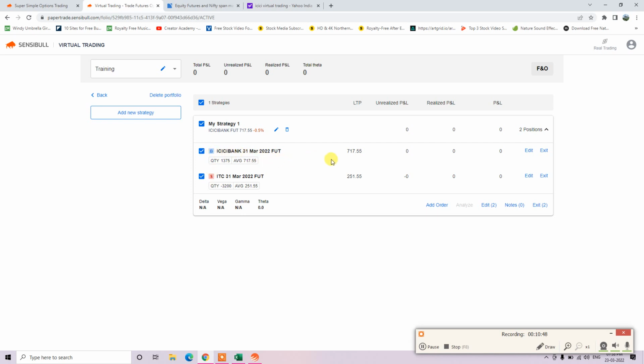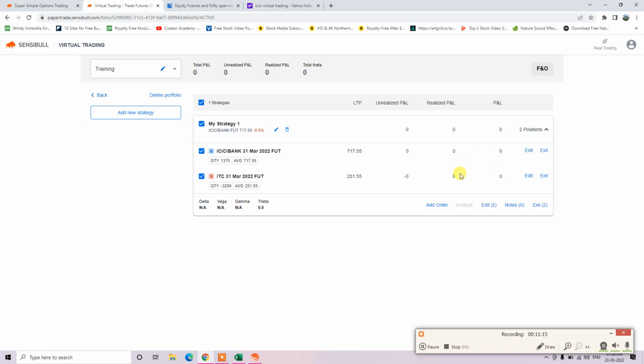I bought the stock at this price, and I can test it till 31st March, because 31st March is the expiry. And ITC, I sold it today, and I can test it till 31st March. As per my strategy, if ITC goes down, I'll get the profit here. If ICICI goes up, I'll get the profit here.